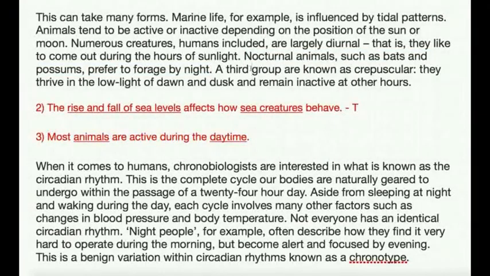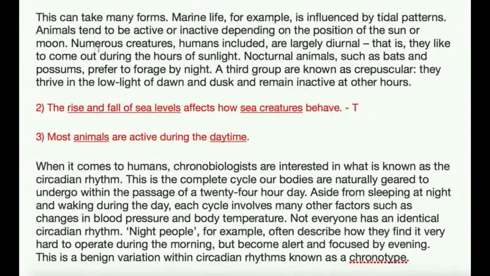Well, this is one where it's very tempting to put true as the answer, because it says numerous creatures, humans included, are largely diurnal. However, numerous is not the same as most. Numerous is just like saying many creatures like to come out during the hours of sunlight.